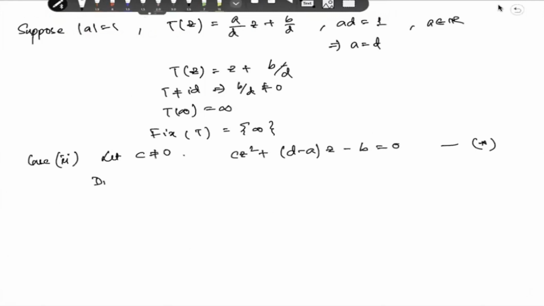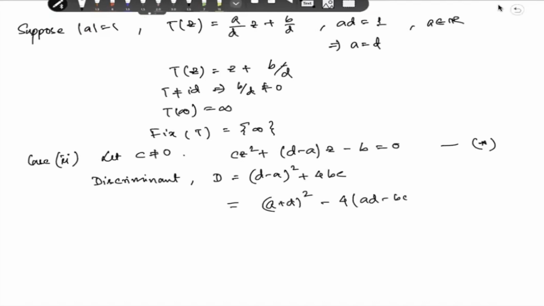What is the discriminant? The discriminant Δ is equal to (D minus A) whole squared plus 4BC. This is nothing but (A plus D) whole squared minus 4 times (AD minus BC), and we know that AD minus BC is equal to 1.